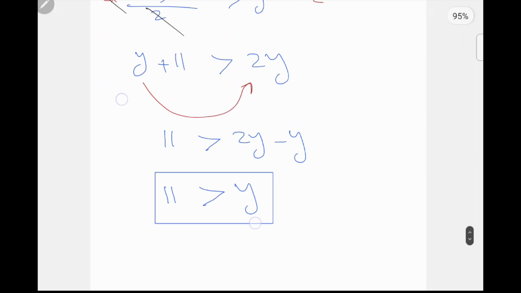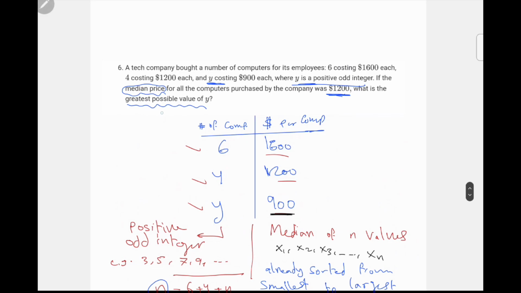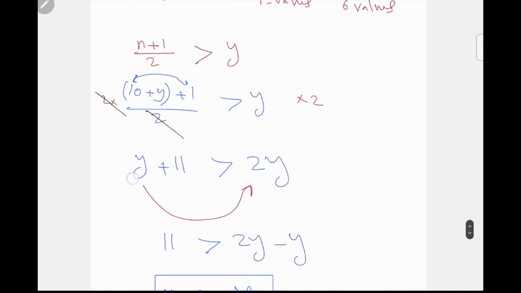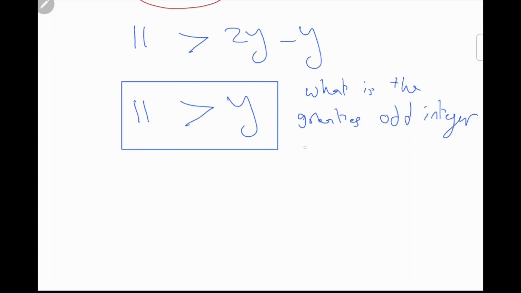Now the question says, what is the largest possible value of y, where y is an odd integer? So what's the largest? What's the greatest odd integer y less than 11?